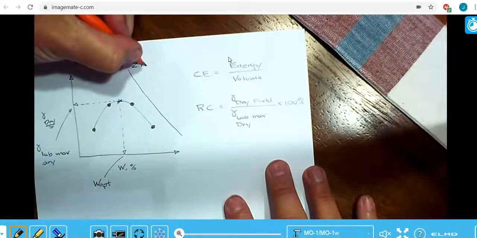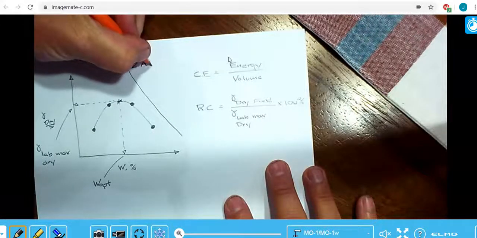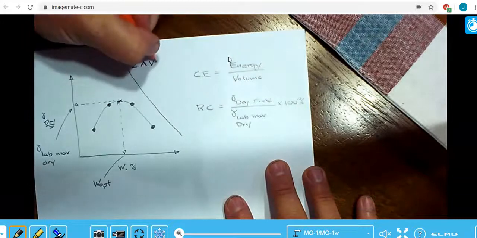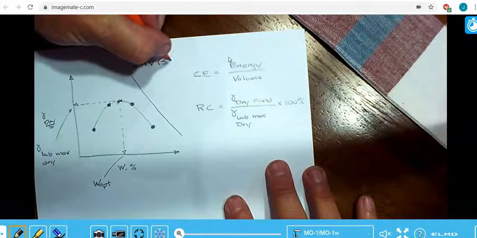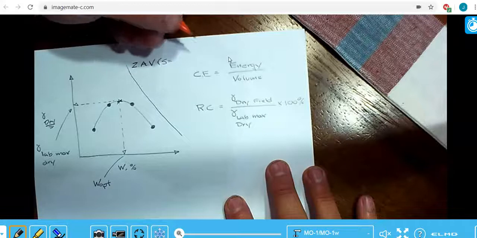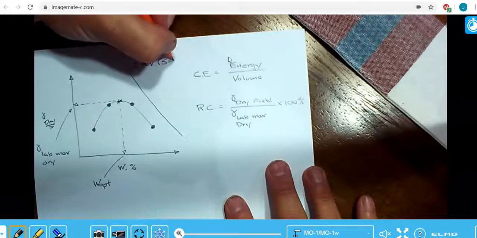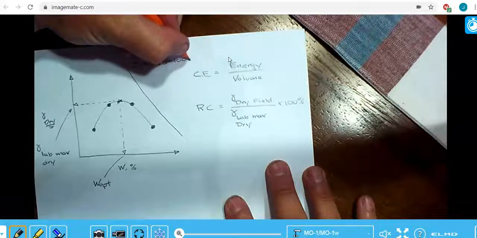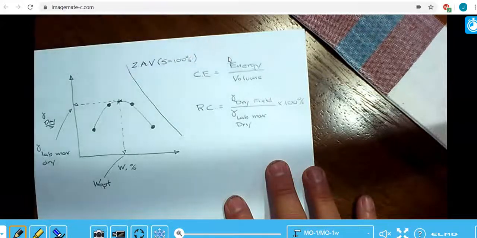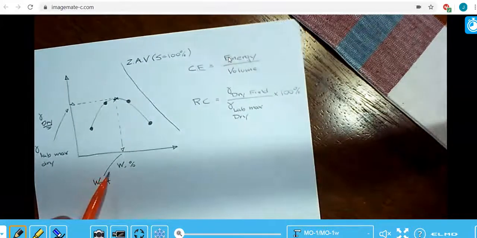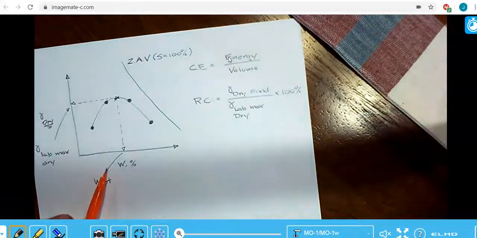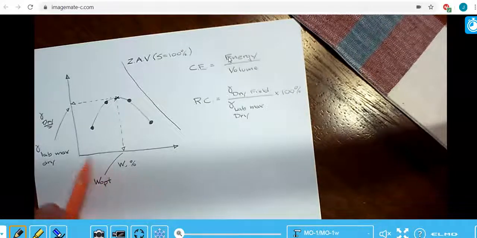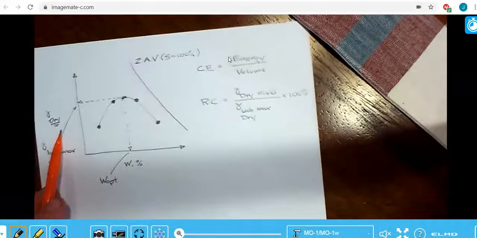When I say zero air voids, that means it's going to be 100% saturated, right? Because if there's no air in the voids, it's all water. So this is associated with 100% saturation. And to calculate that curve, we could compute water contents that are associated with 100% saturation and the corresponding dry unit weights.